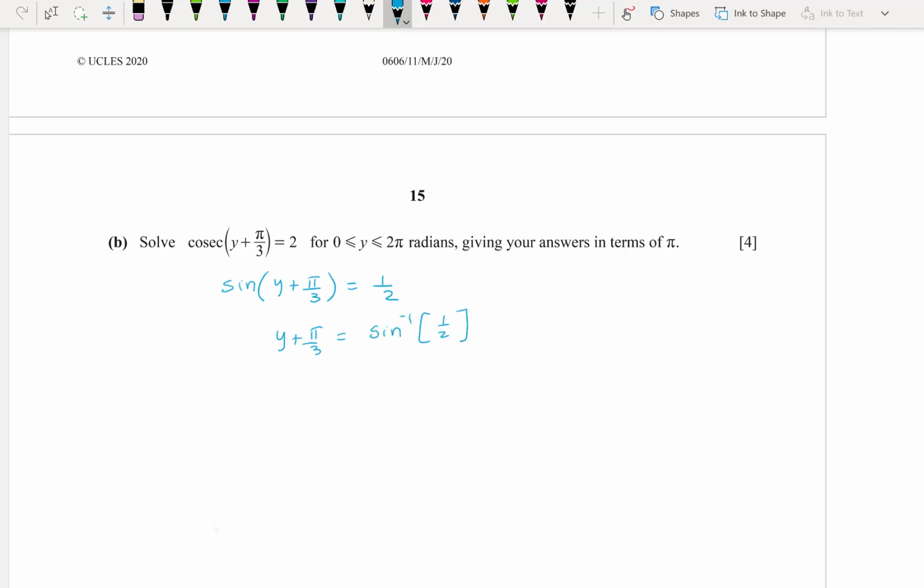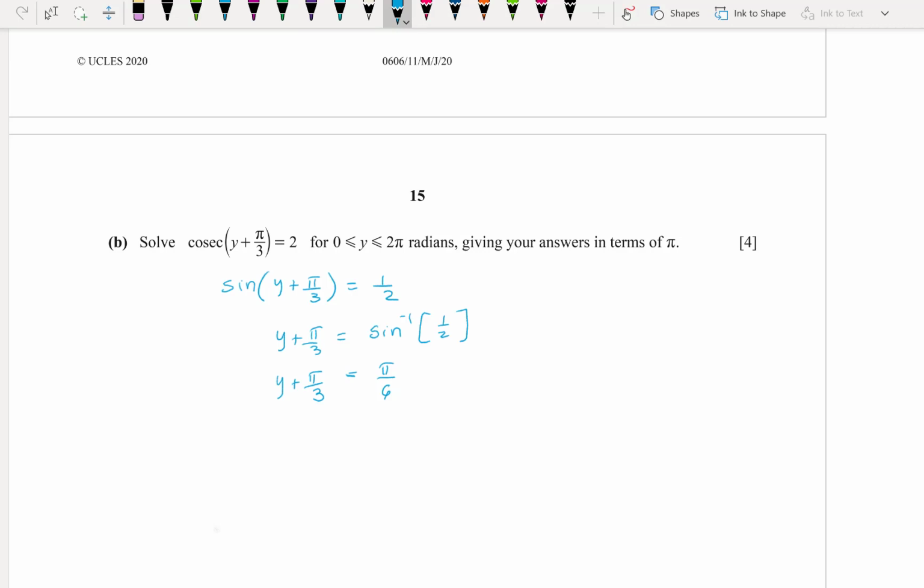Let me use my calculator, Amrita. Pi by 6. It is pi by 6. And the positive value is pi by 6. Yes, Amrita. Now, after having got this, y plus pi by 3, this is where we need to do our analysis, Amrita. This has to be dealt with the way that we have discussed earlier, correct?